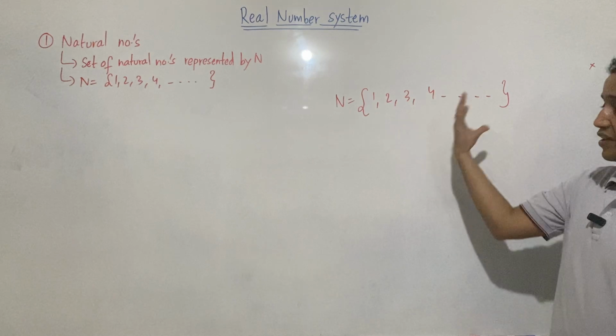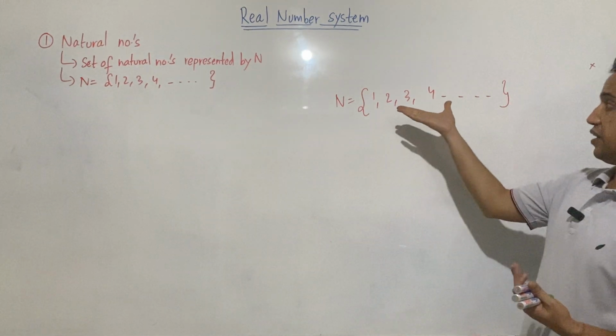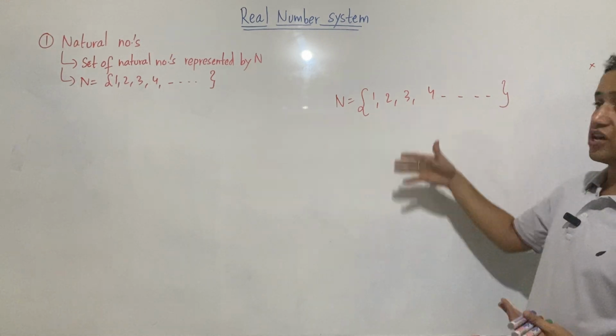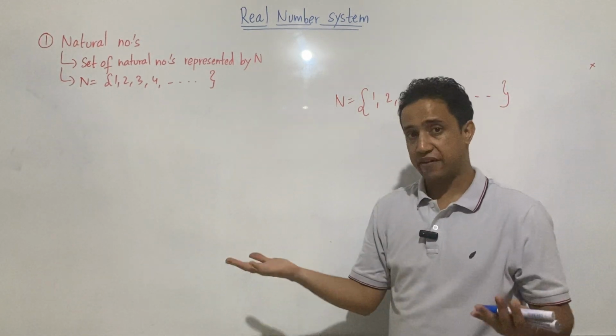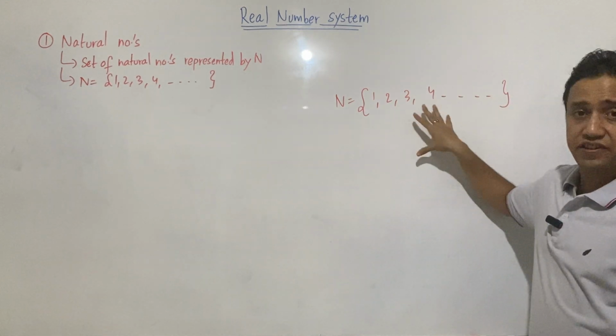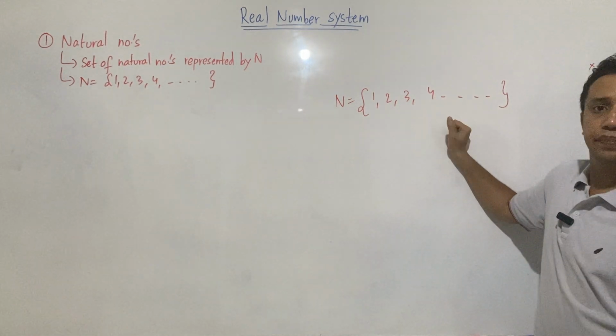But for example, let's say I have 1 pen, 2 pens, 3 pens, 4 pens, but what if I have none? Then that element is not defined in the natural numbers.